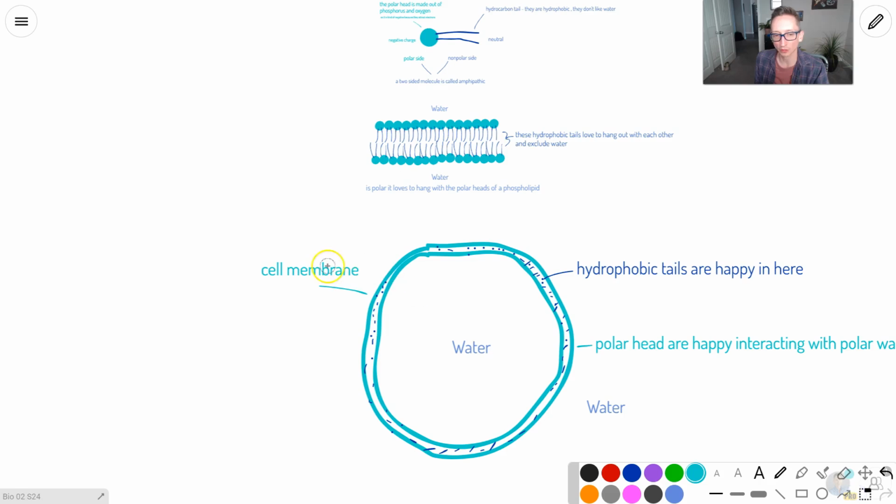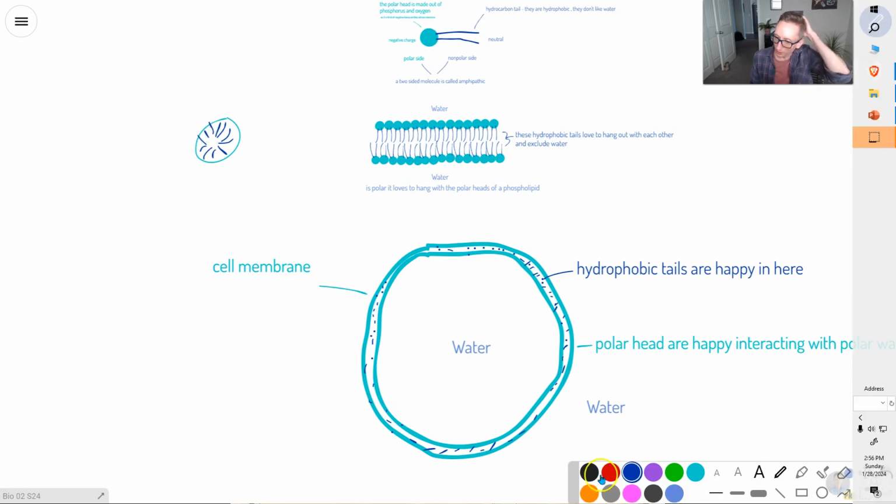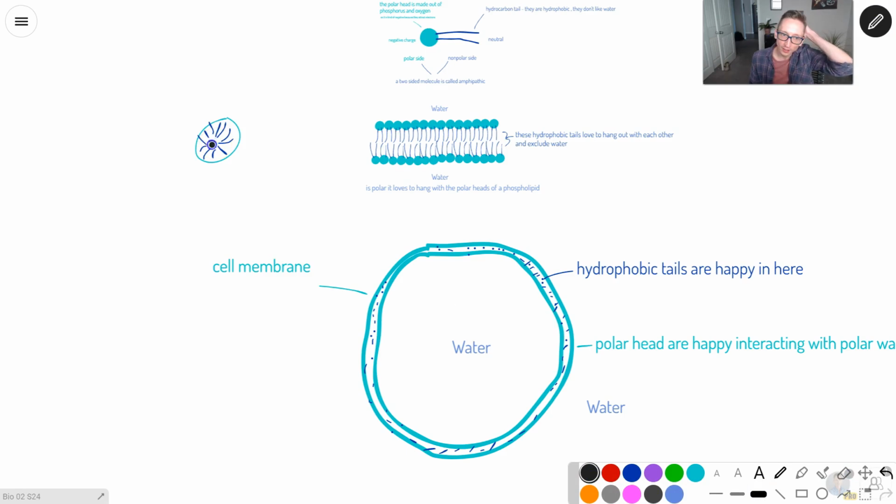Pretty cool. You can also form smaller versions of this depending on the phospholipid that you use. You could form something called a micelle, which is a single layer, something like this, and the tails are all pointing inside like this. And this is a great little pocket for hydrophobic things like dirt. So this would be a micelle.